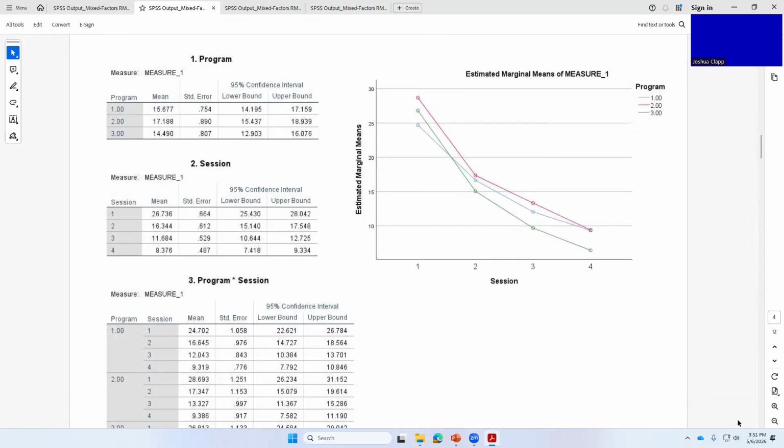Okay? So here for our main effect of program, these are my mean differences across program. Collapsing across time point, here's the average score for program one, collapsing across time point, average score for program two, collapsing across time point, estimated average score for each one of my groups.